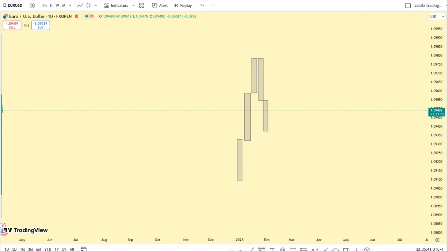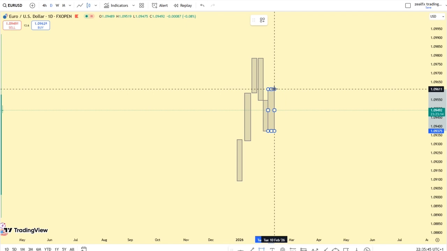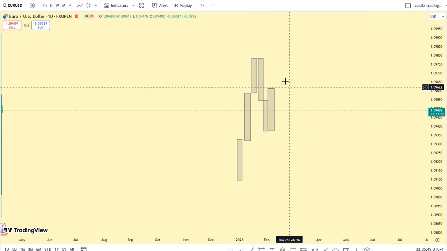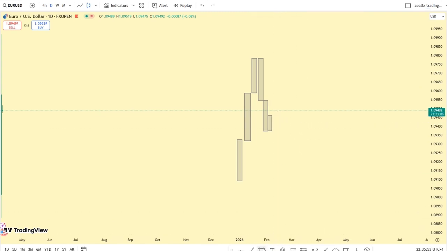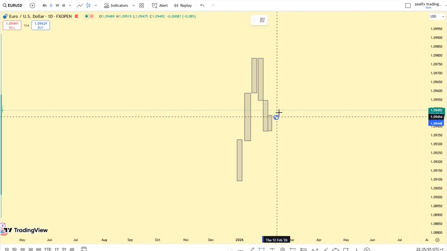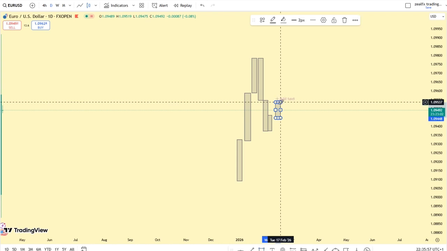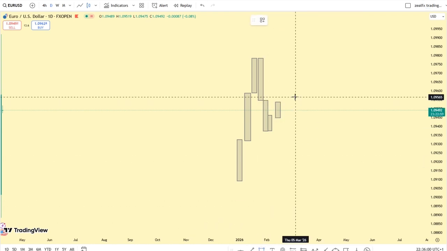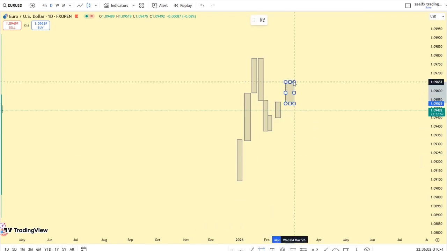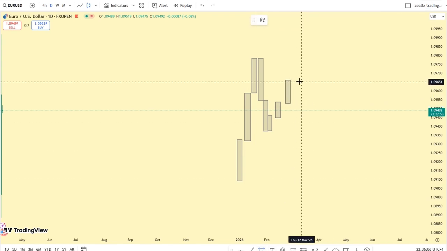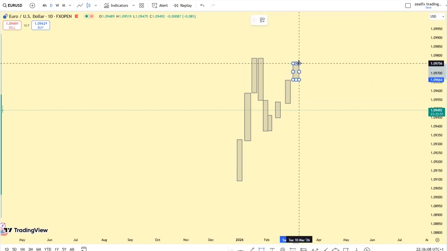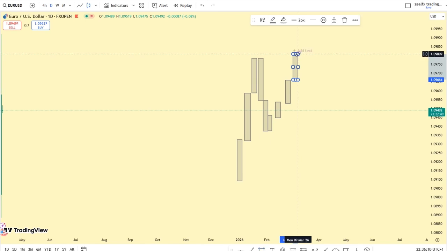Then price later moved back to this level. Okay, let's make it smaller. Price later moved back to that previous resistance.